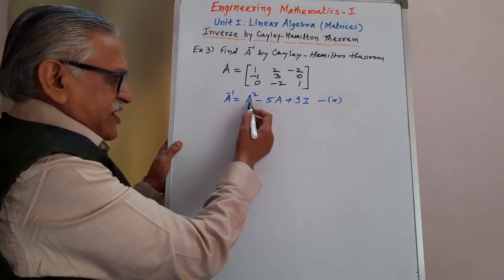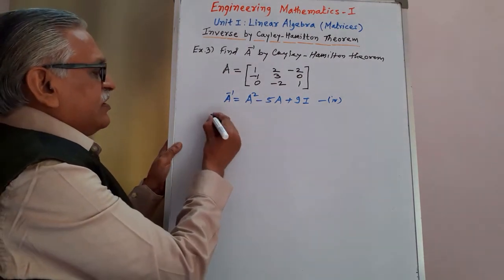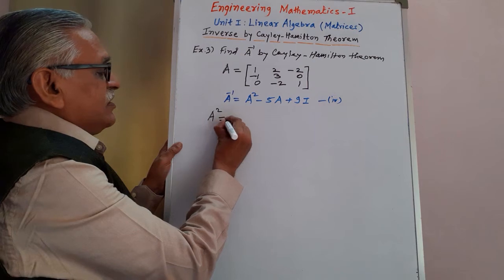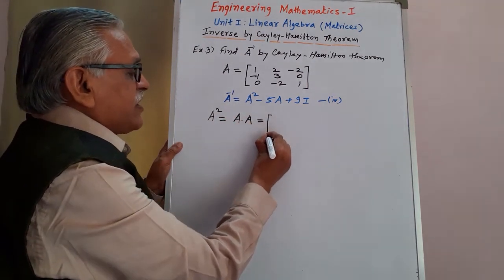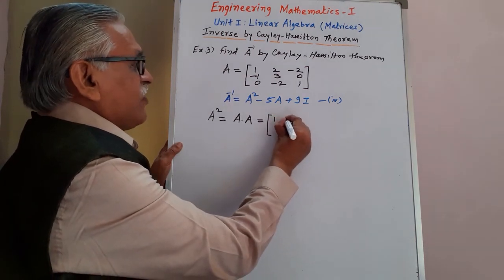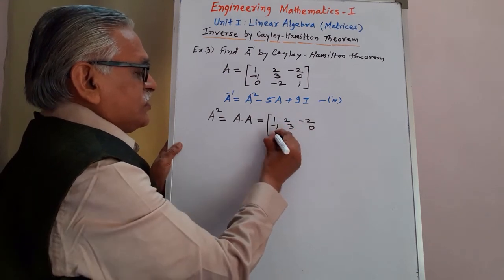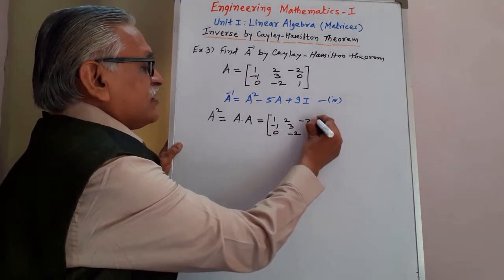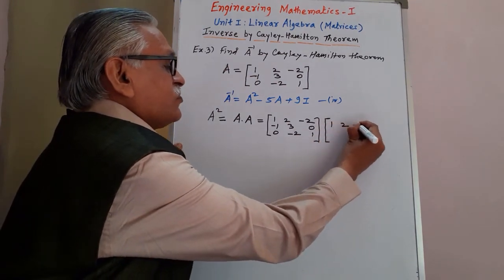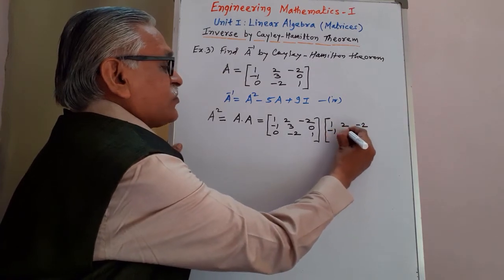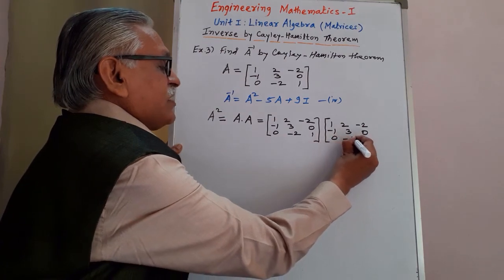Therefore, for that we have to obtain the value of matrix A square, and A square is nothing but a product of matrix A into matrix A. Given matrix A has elements 1, 2, minus 2, minus 1, 3, 0, 0, minus 2 and 1, and it is multiplied by the same matrix 1, 2, minus 2, minus 1, 3, 0, 0, minus 2 and 1.